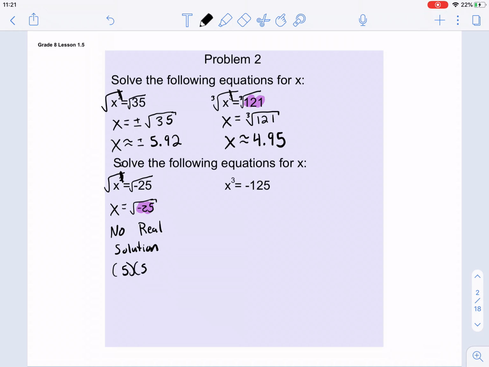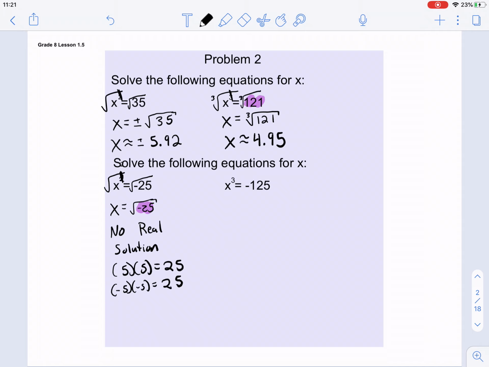So positive 5 times positive 5 is equal to positive 25, but we needed a negative. Negative 5 times negative 5 is also equal to positive 25. Again, neither one of those options are negative, so we're not able to take the square root of a negative number.